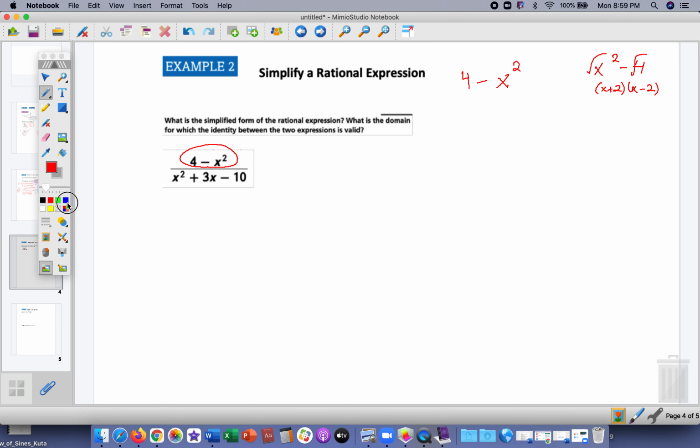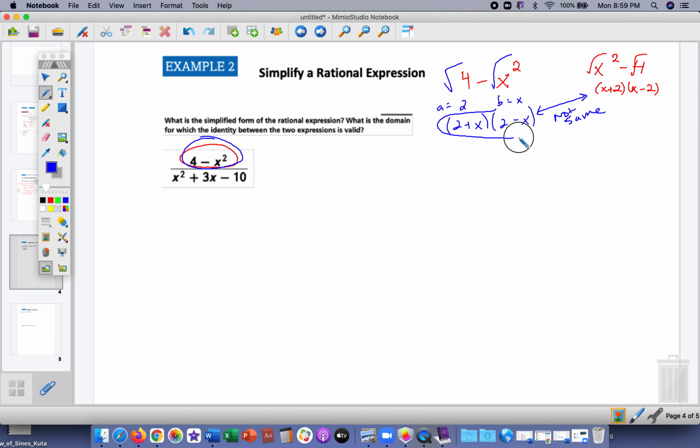Now this one is written in the opposite order. So square root of 4 is really your a, which is 2. X squared is really your b. So you would have 2 plus x times 2 minus x. And even though these look similar, they're not the same.